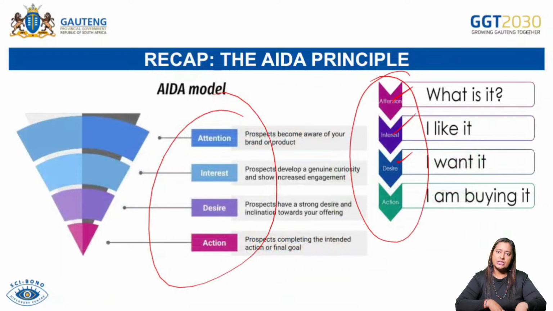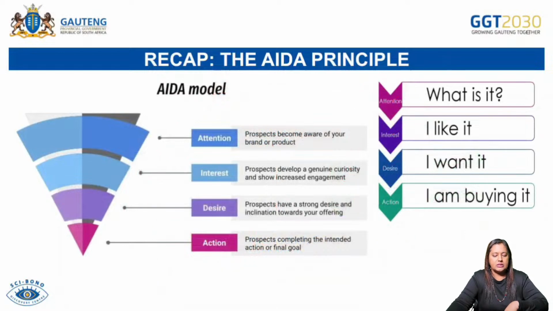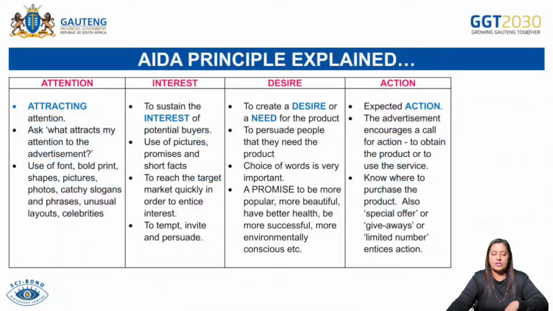And then the action is to basically then go out and buy that product. Okay, so those are 4 things that you will be dealing with when dealing with the AIDA principle. Good. So further on to this, we are then going into a brief synopsis there of what these 4 things are, and you would have seen this before, and you can go through it in your spare time as well.